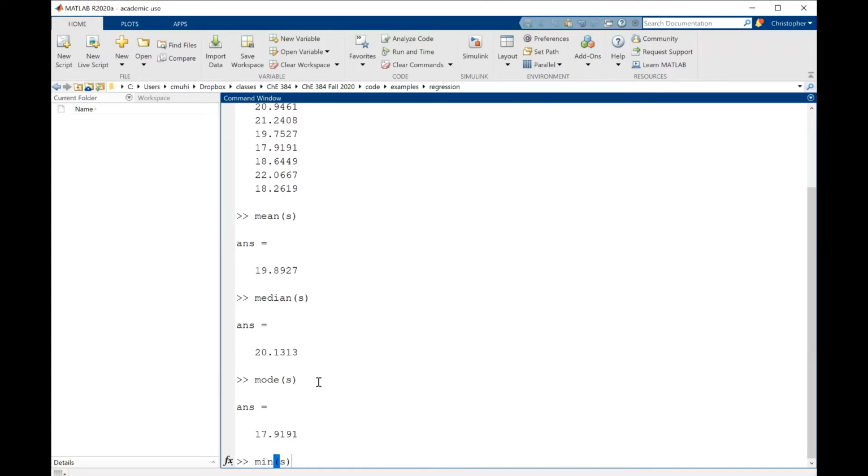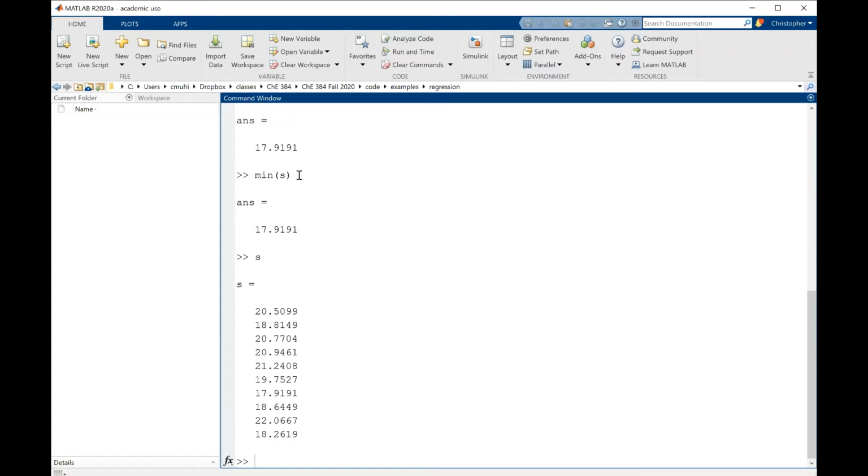So min of S is 19.19. What you'll notice is the mode and the minimum are the same, right? In this data set S, there's no repeated number, so Matlab is just picking the lowest value. I can do the max, it gives me the max. Right?